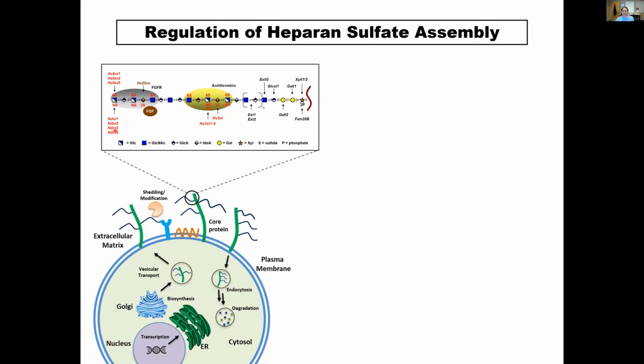So for instance, some of these enzymes are only expressed in certain tissues. Why is that? We don't know, but we can assume that there's some kind of transcriptional or translational machinery that is turning off or on the expression of these different genes. And so for instance, if you don't express this HS2ST enzyme, you will not get 2-O-sulfation of your heparan sulfate chain.